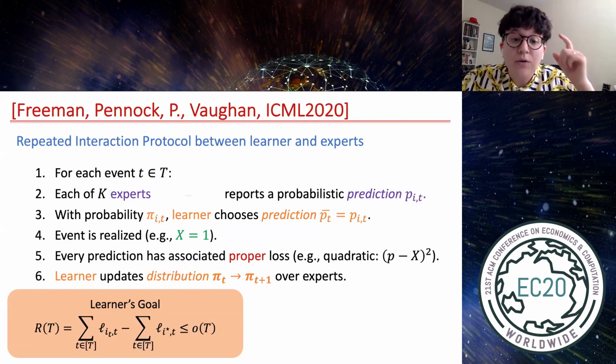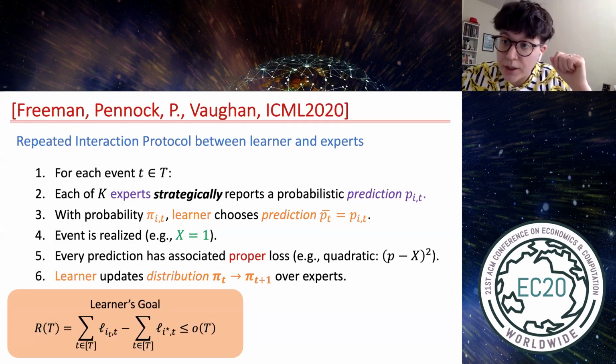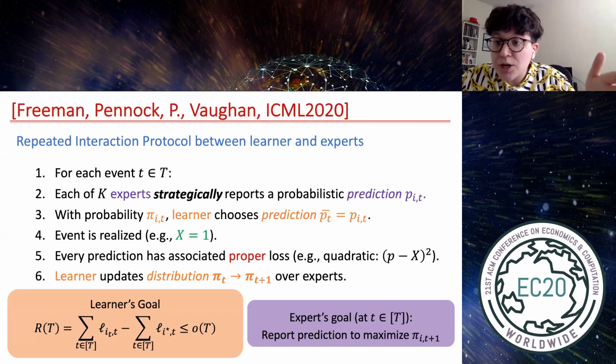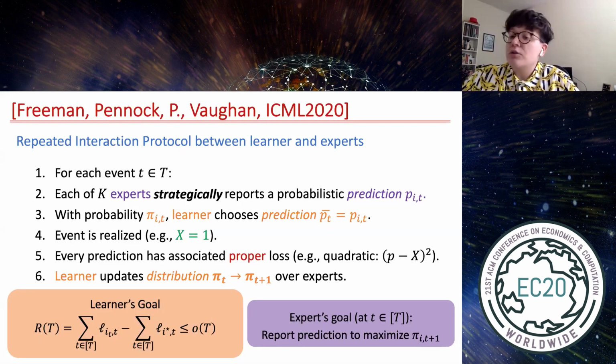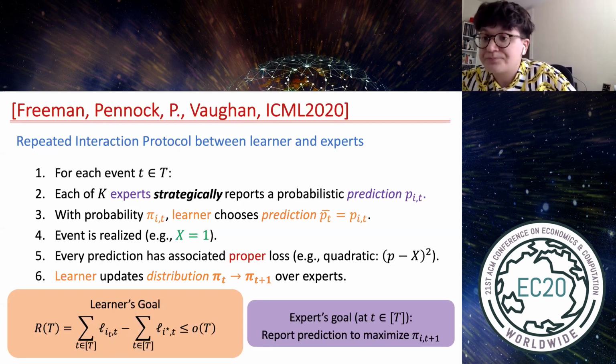Well, experts can now strategically report their prediction. And why would they strategize? Because they want to ensure that the prediction they report now can help them maximize the probability of being chosen at the immediate next round. So they're not farsighted. They can only play something now in order to alter the weight that the learner assigns them at the immediate next round.